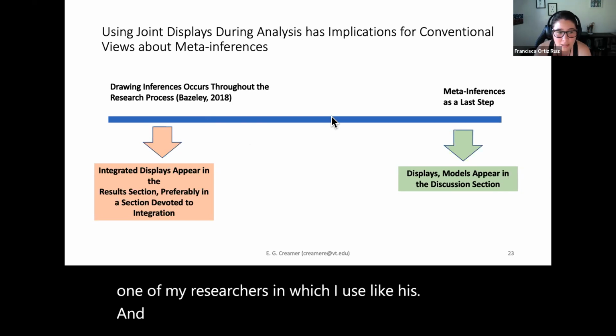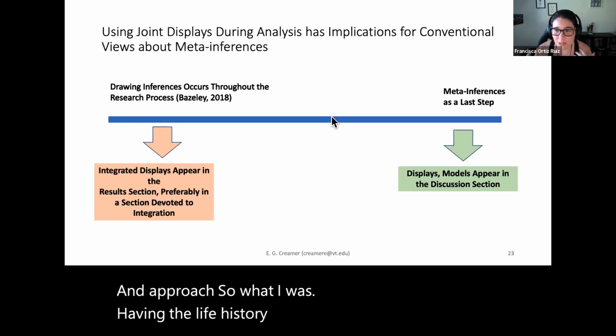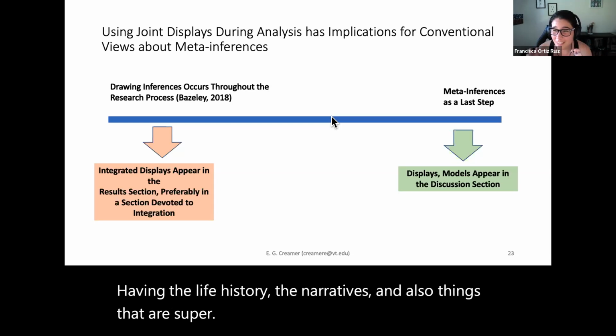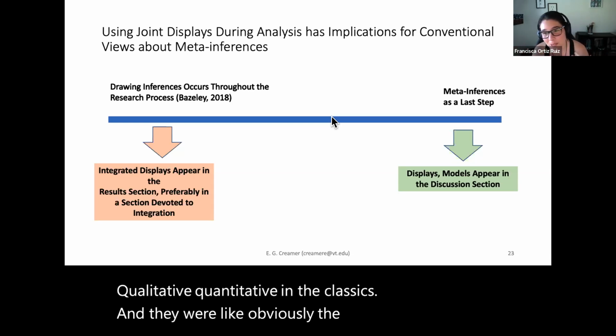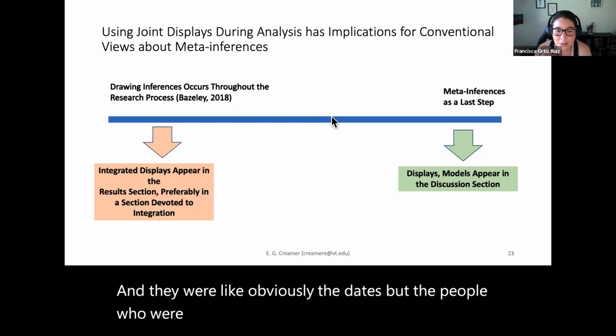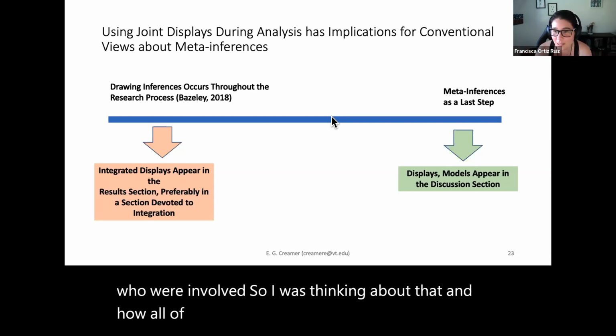I had the life history narratives, and also things that are super quantitative in the classic sense of it, like the dates or the people who were involved. So I was thinking about how all of that could be embedded in a timeline.